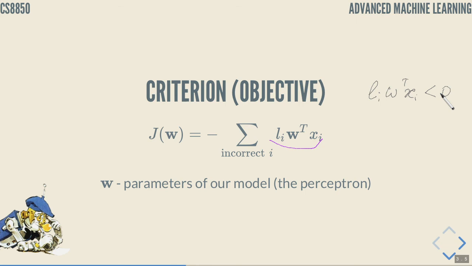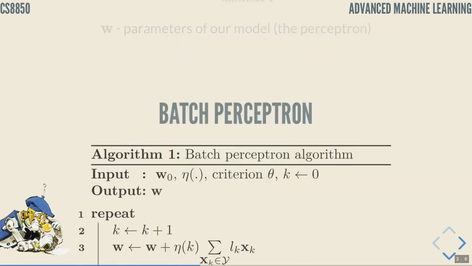We already considered that for correctly classified samples, this value should be positive. So for all incorrectly classified samples, this will be negative, and this criterion with this minus sign in front will be positive. So we want to minimize that number, and ideally there is nothing incorrectly classified. And W is the parameters of our model, so those are the weights of the perceptron.